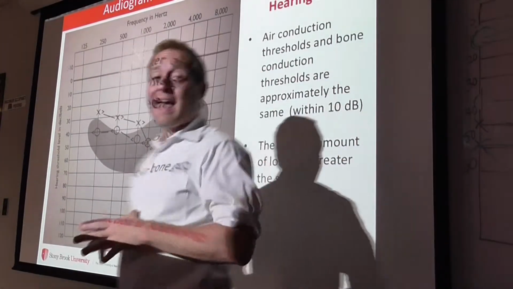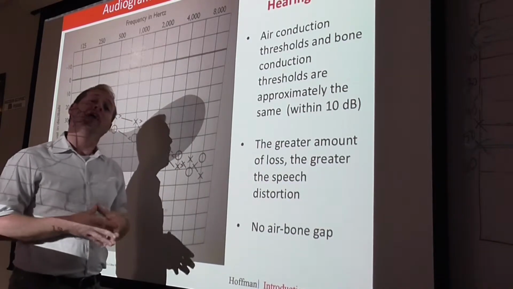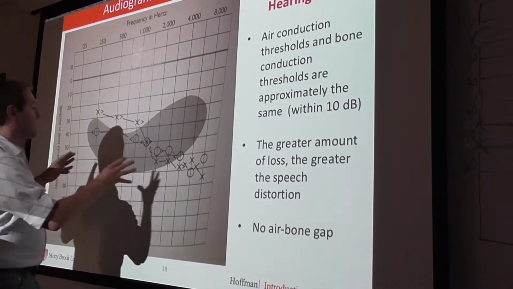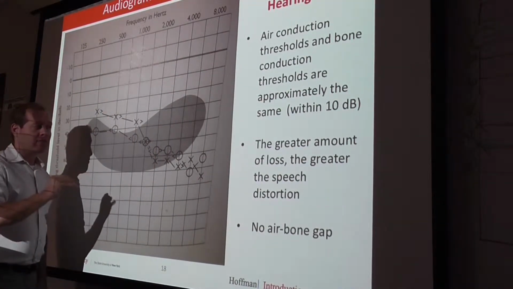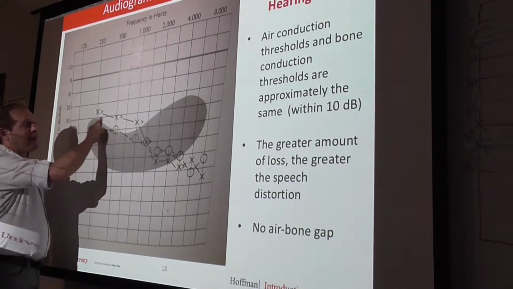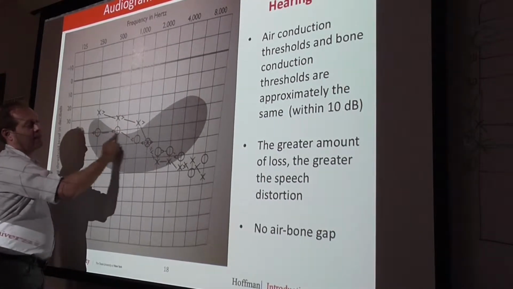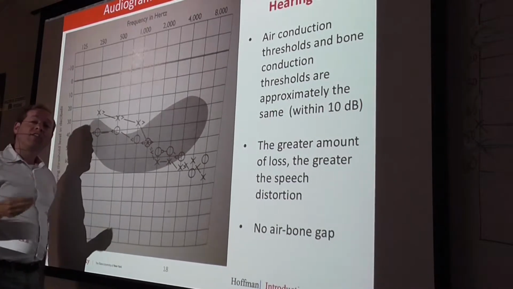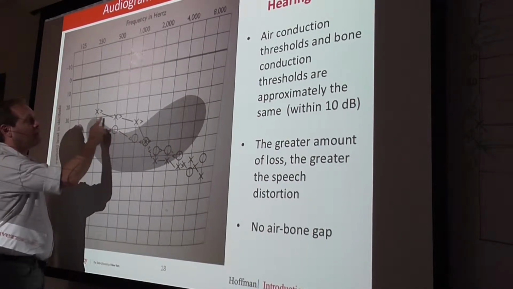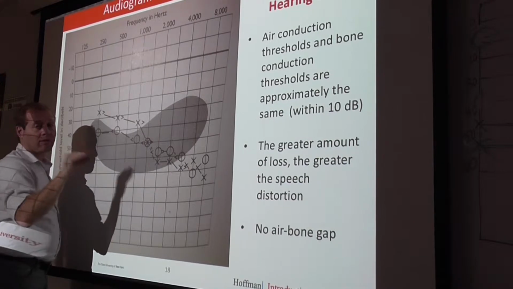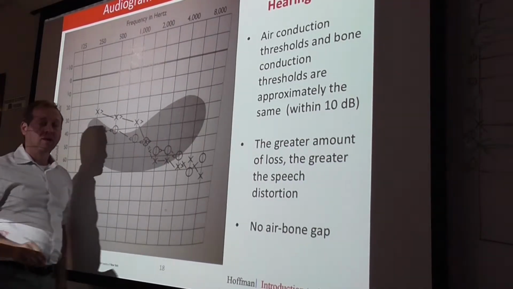if the individual had a sensory neural loss only, we would see it represented on an audiogram like this, where your air lines, the X's and the O's, are similar to your bone lines, your greater than and less than signs here. Okay?